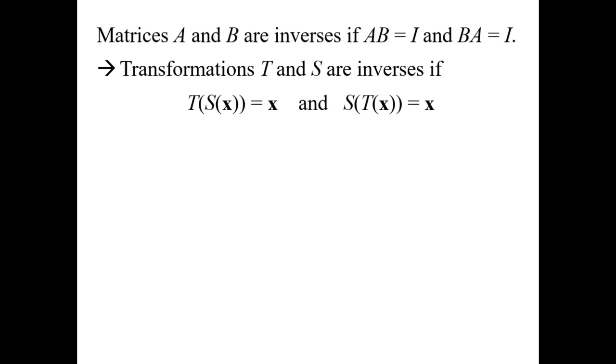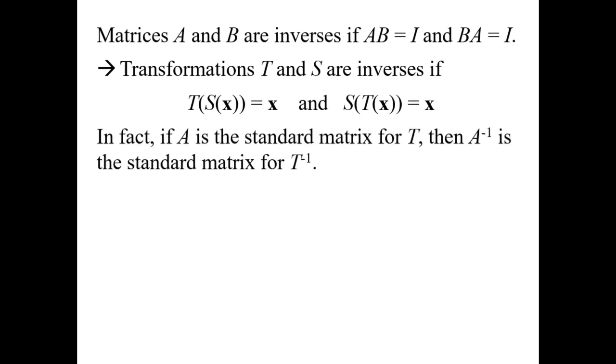Applying S and then applying T to it results in just the inside stuff, and vice versa. Well, it turns out that if A is the standard matrix for T, then A inverse will be the standard matrix for T inverse. So inverse linear transformations have standard matrices that are also inverses of each other.